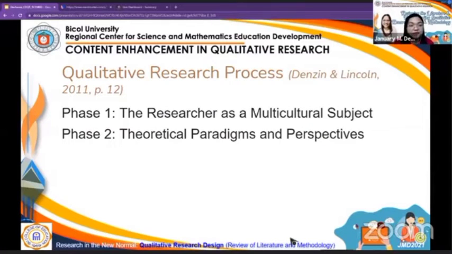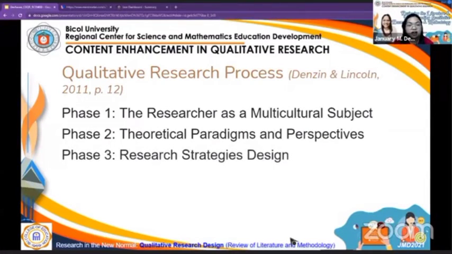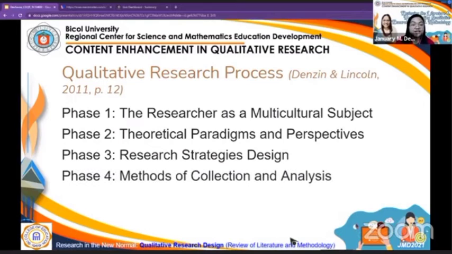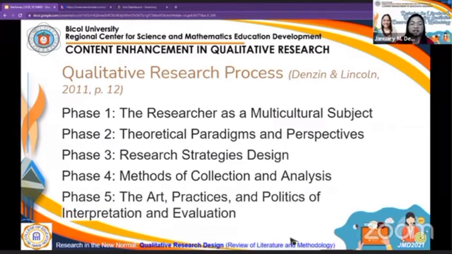The second phase is on the theoretical paradigms and perspectives. The third is on the research strategies and design, and then the methods of collecting and analyzing your data. And of course, the art, practices, and politics of interpretation and evaluation.